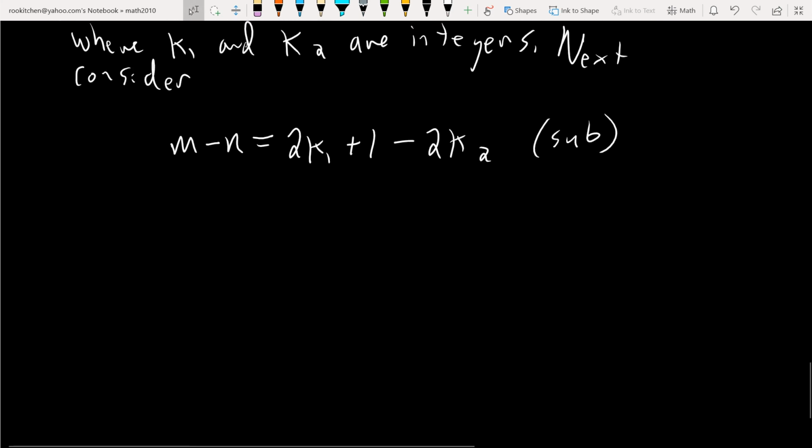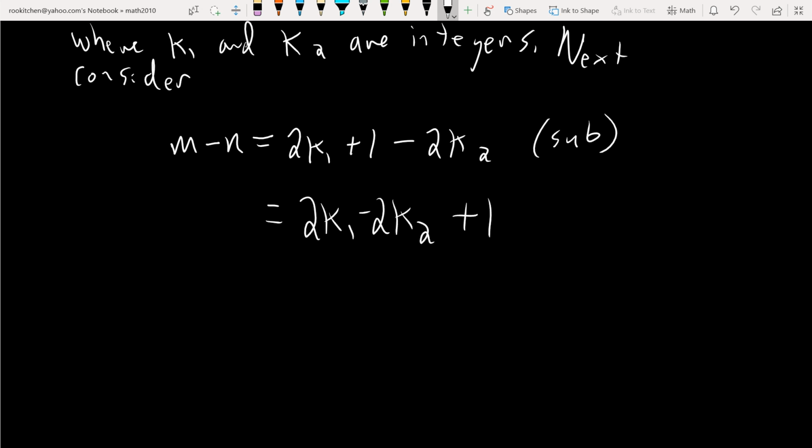Okay, so next consider this fact. We can rewrite this using the commutative law of addition. So this would be 2k1 minus 2k2 plus 1. Hopefully you see where I'm going with this. I need to show it's equal to 2 times some integer plus 1.